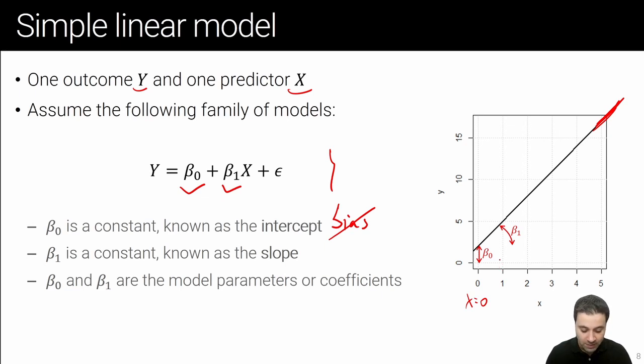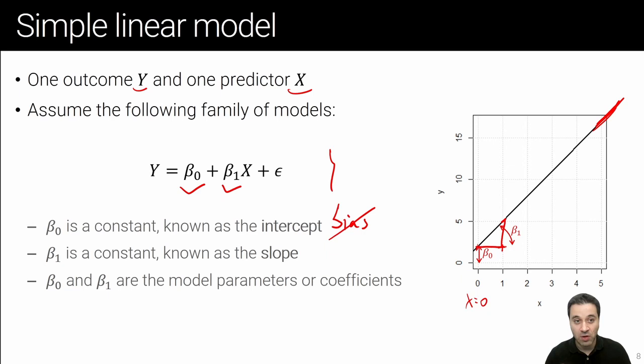And then beta 1 is another constant, and it's what we call the slope. It's essentially the slope of this line over here. It tells us for a unit increase in x, what is the increase in y. So if we increase x by 1 unit, it's telling us how much the response is increasing.